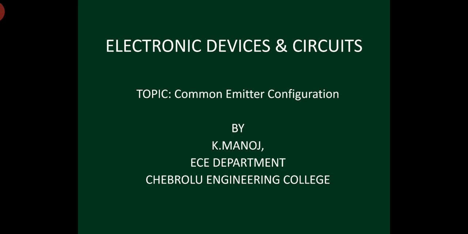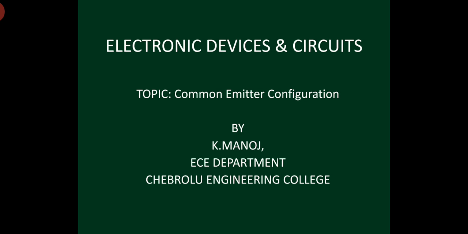So if emitter is grounded, then base becomes the input terminal and collector becomes the output terminal. Base and emitter form the input terminals, and collector and emitter form the output terminals.